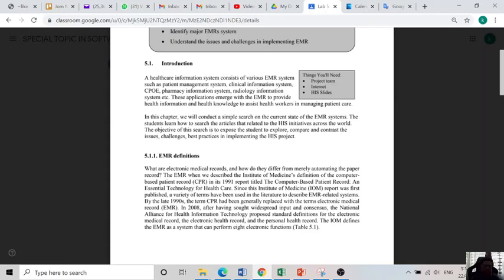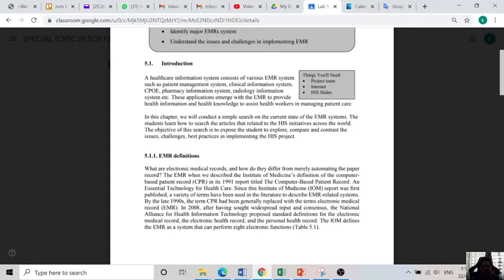This looks like the same thing that we have to mention, but they are very important in developing the complete healthcare information system.